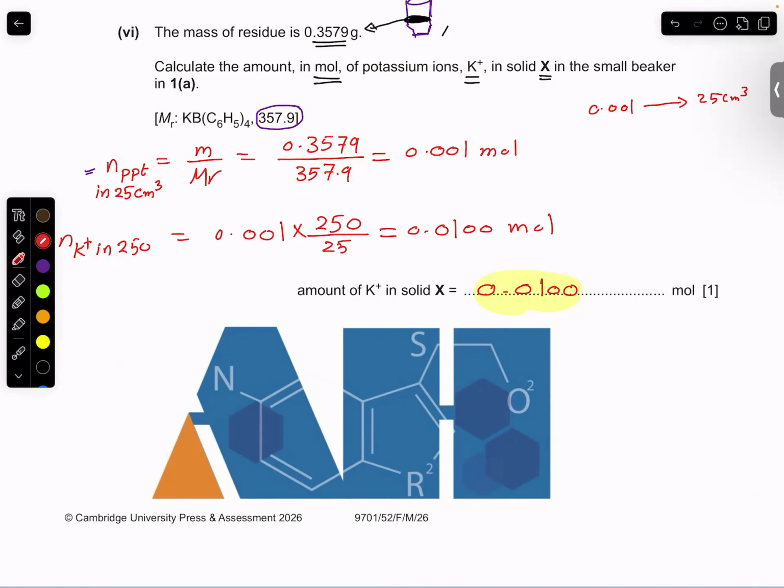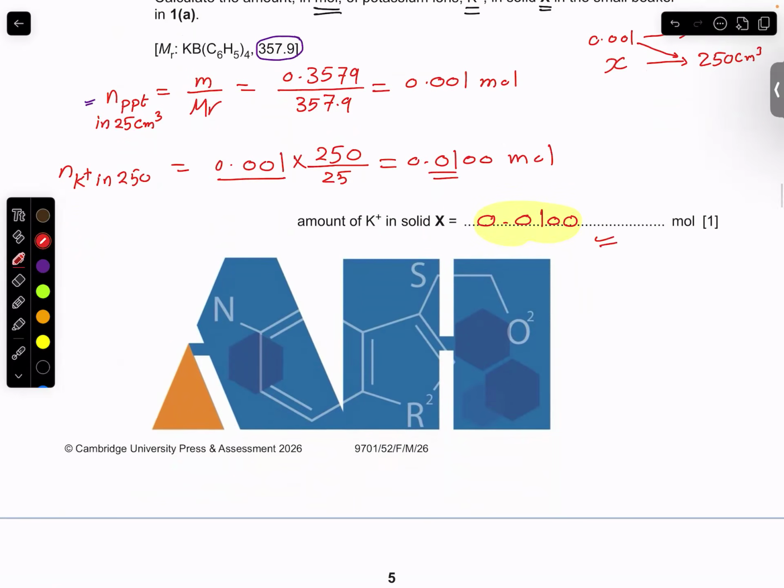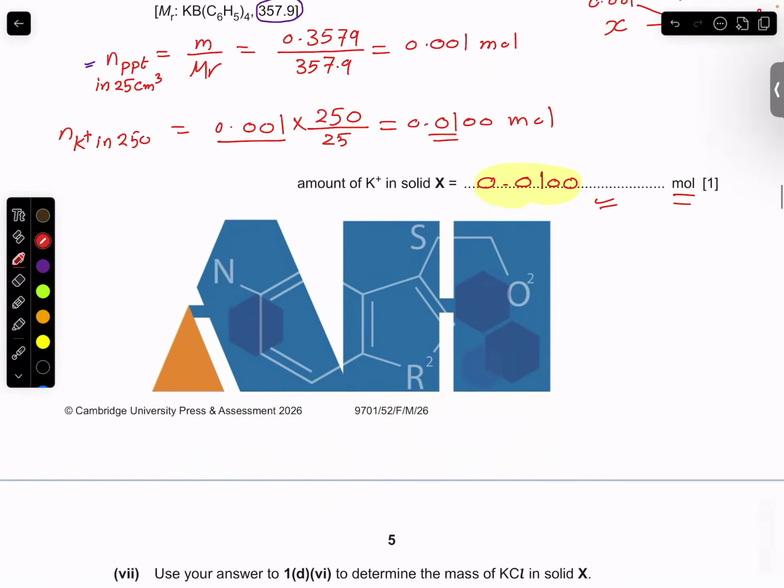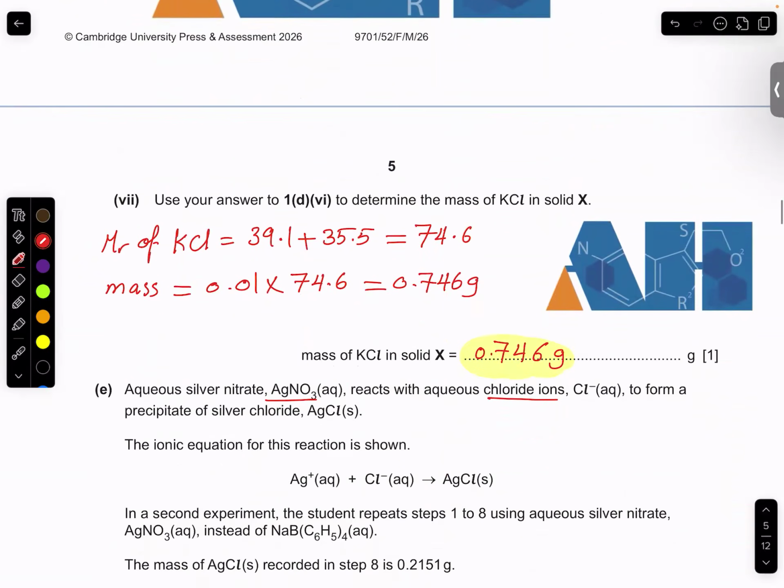Don't forget, we need the total number of moles of potassium ion in 250 centimeter cube. So we will make a cross multiplication: 0.001 times 250 divided by 25, or 0.001 times 10 equals 0.01. So the amount of K+ ions in mole equals 0.01.